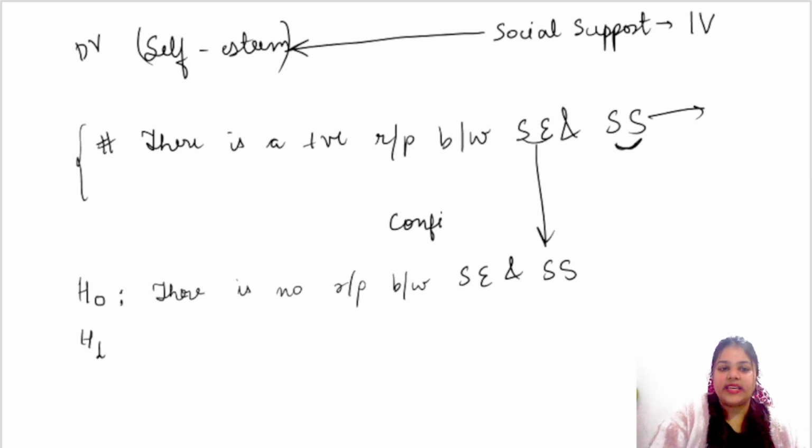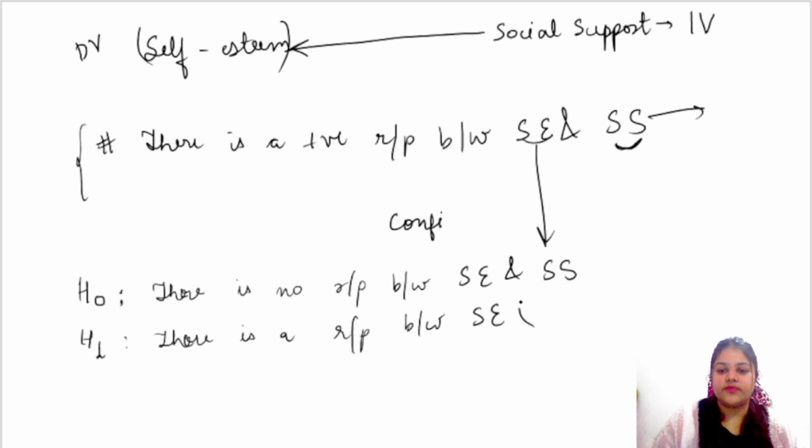So herein I am stating that there is a relationship between self-esteem and social support. So these are two major types of hypothesis that we use. We denote our null hypothesis by H0 and our alternate hypothesis by H1 or HA.